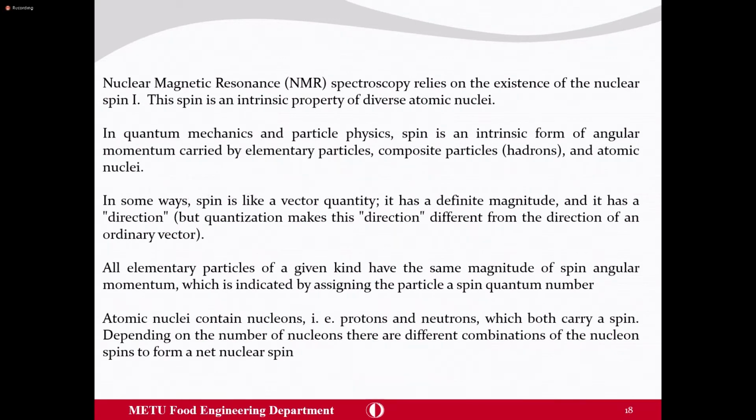NMR spectroscopy relies on the existence of the nuclear spin, which is denoted by I. This spin is an intrinsic property of diverse atomic nuclei. In quantum mechanics and particle physics, spin is an intrinsic form of angular momentum carried by elementary particles and atomic nuclei.